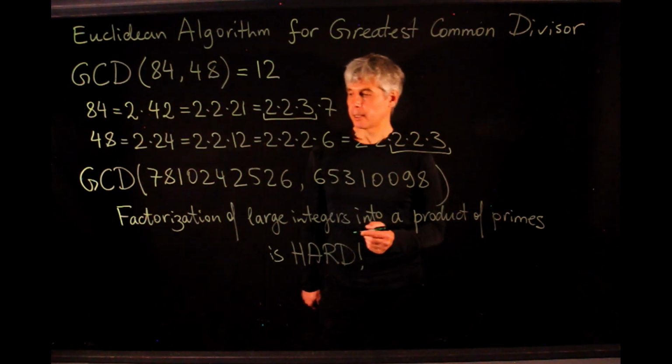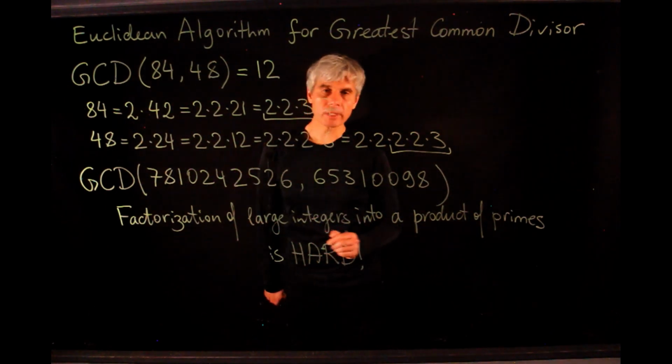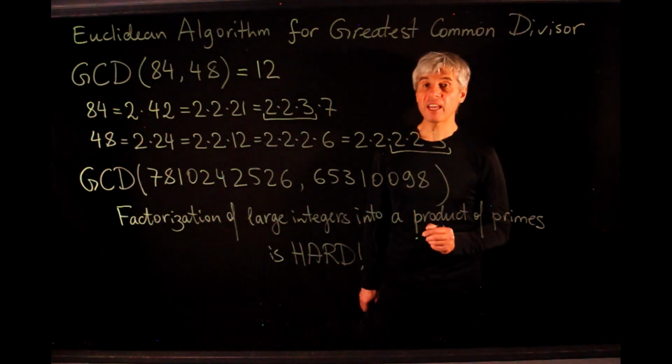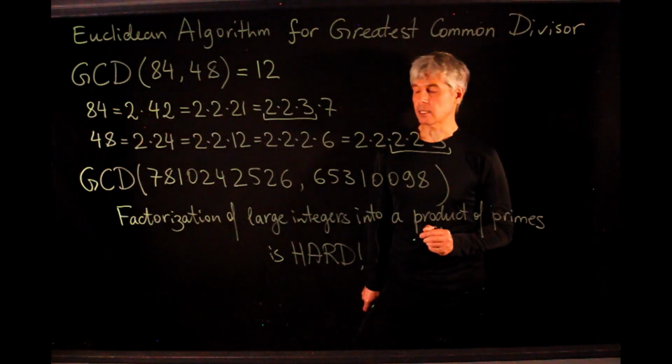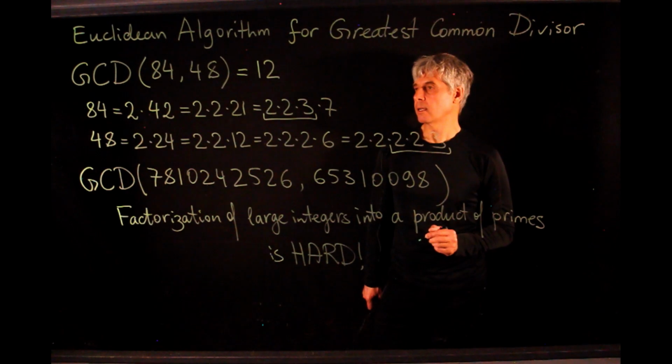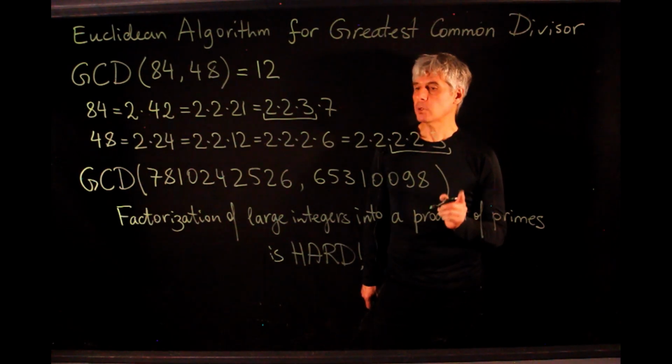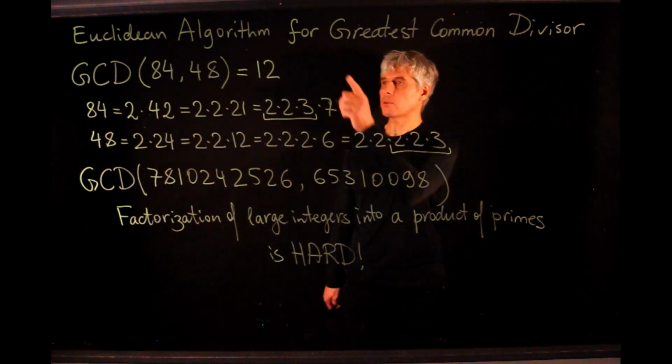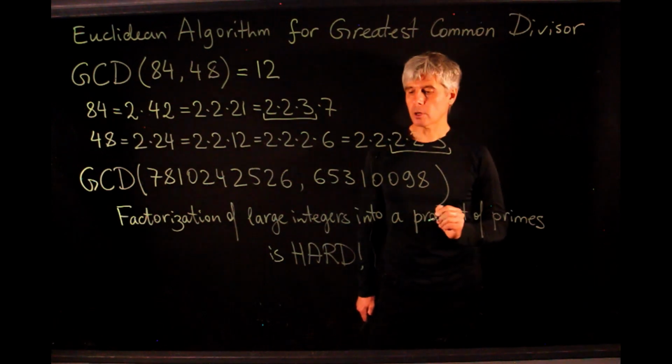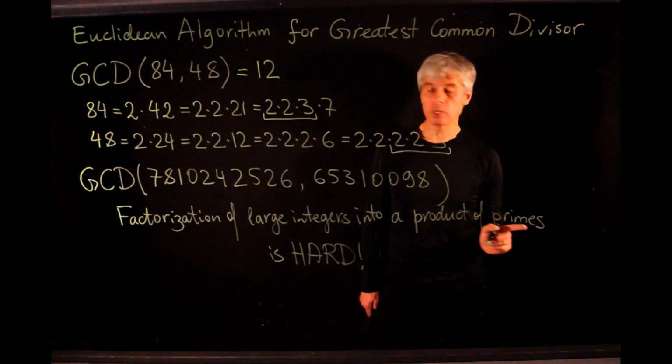However, finding greatest common divisors, even for very large integers, is extremely easy with a computer. But we have to use a different method. So this method of factorization does not work at all for large integers.